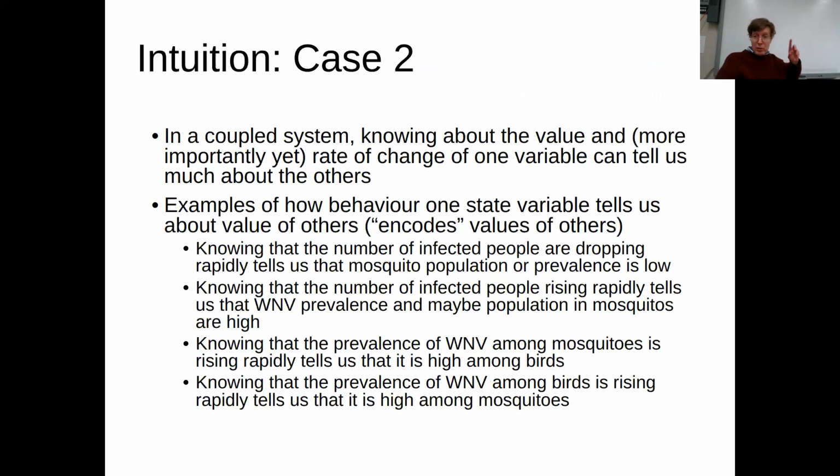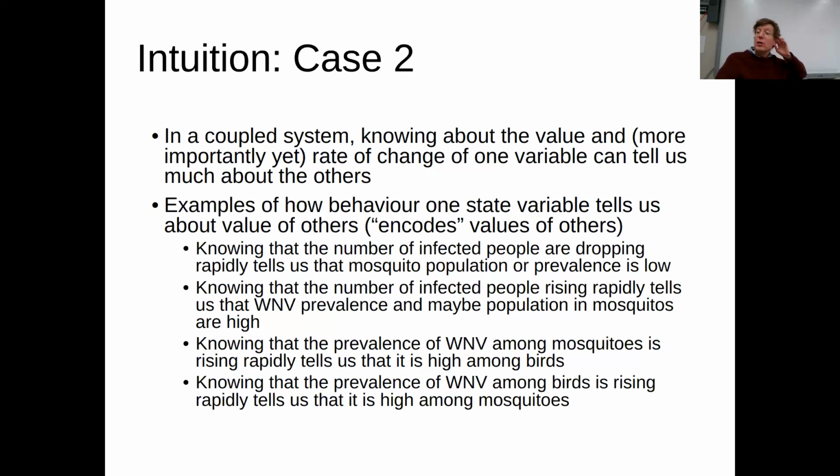Now, this is a somewhat radical notion because we commonly think, well, look, if we don't have measurements of this, we don't know what it is. It's a mystery. But what this is saying is, no, what you posit in system structure means, if it's a coupled model, which it typically is for coupled systems, that measurements in one area are going to give you lots of information about what's going on elsewhere.